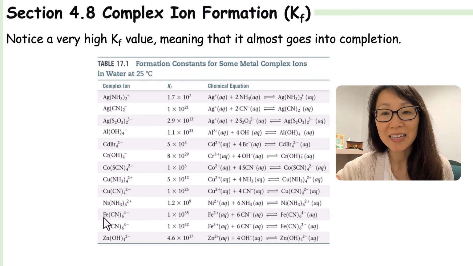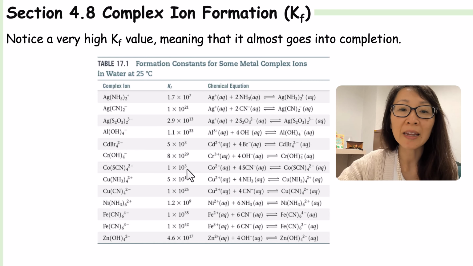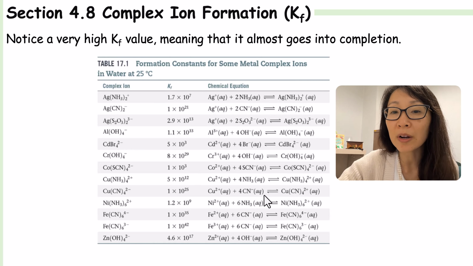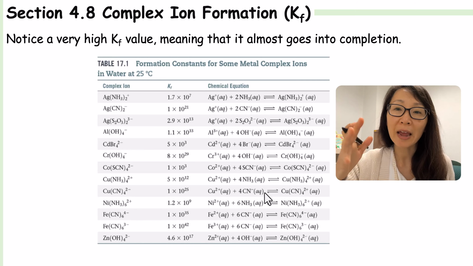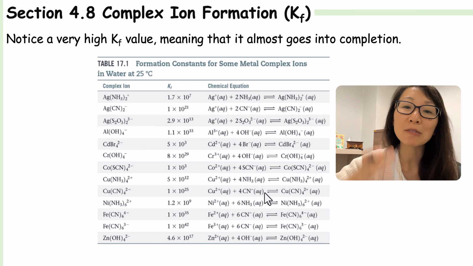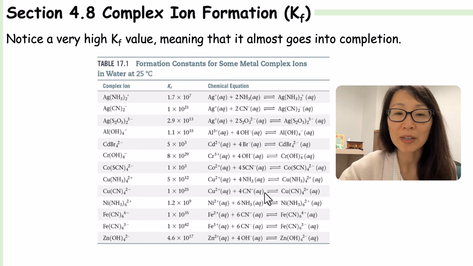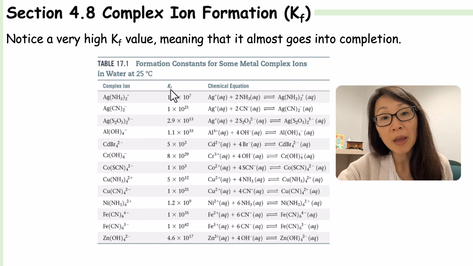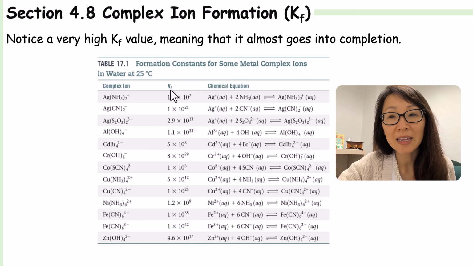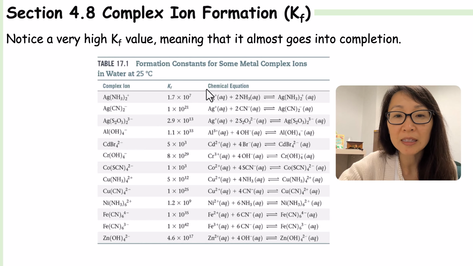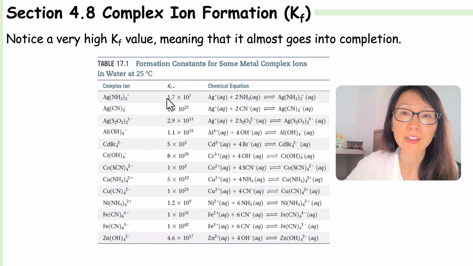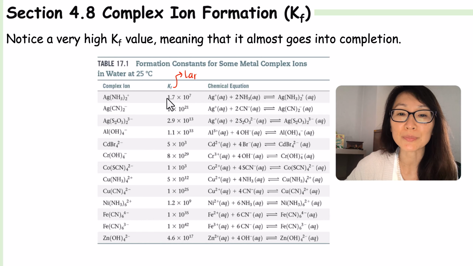This table is in your reference sheet, and you will be tested on one of these chemical equations. I won't go outside of these particular equations. All the Kf values, or the equilibrium values, are here.